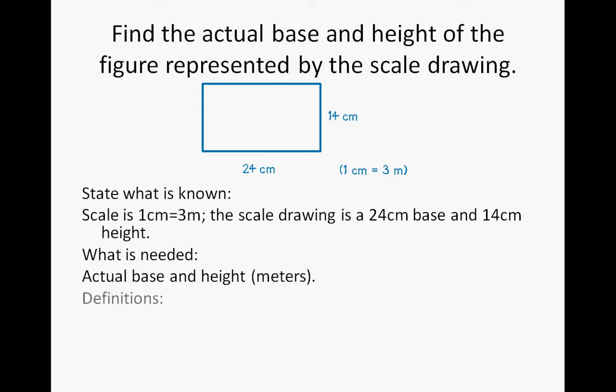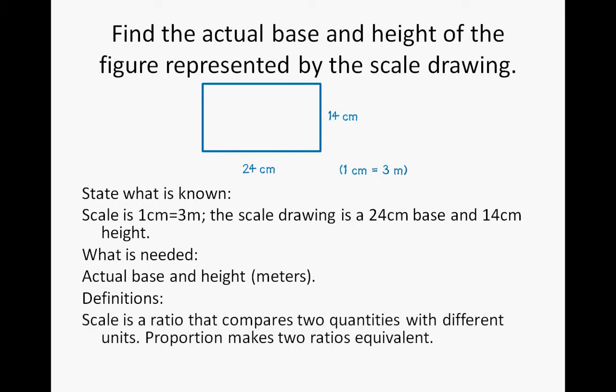All right, next part, definitions. What definitions do we need to know? Go ahead and write those down and then check to see if you're right. Okay, some definitions we need to know: scale is a ratio that compares two quantities with different units, because we are comparing centimeters to meters.